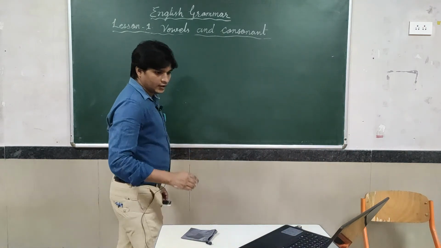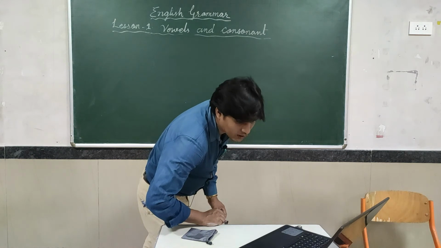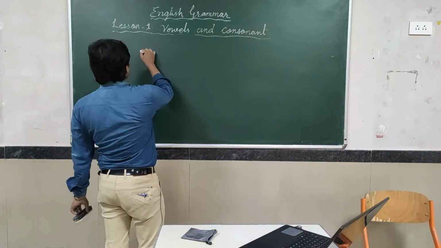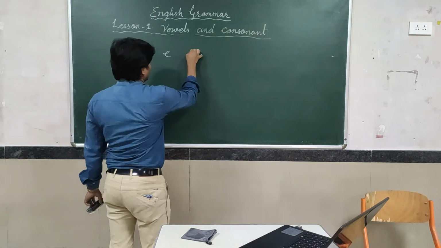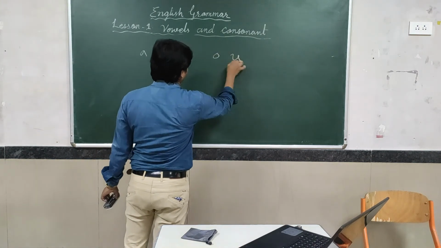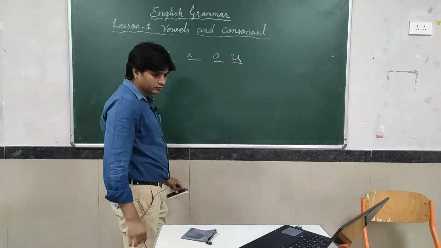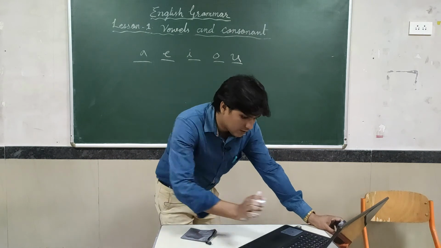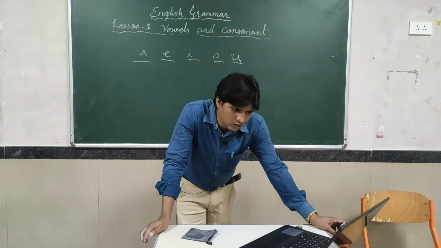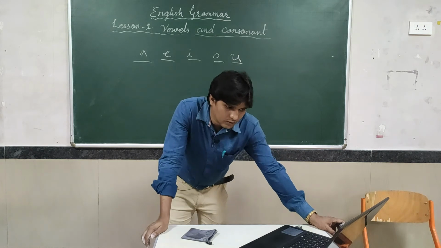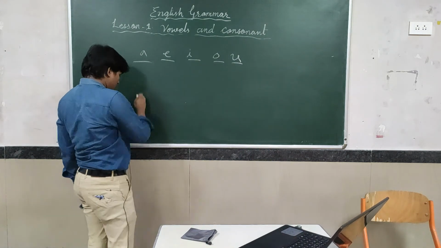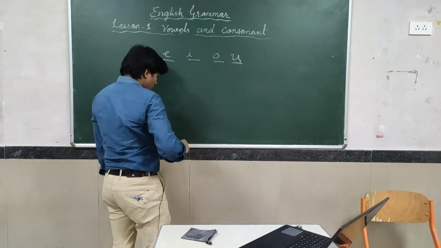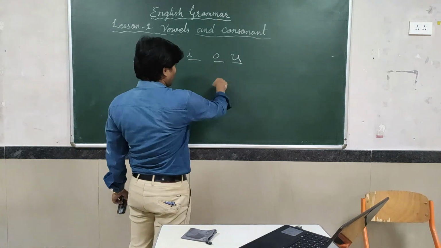Next point is, give words beginning with these vowel sounds. It is given A, E, I, O, U. Give words beginning with these vowel sounds. Just like for A place an A word, right? For E place an E word, and for I place an I word, O place an O word, U place a U word.